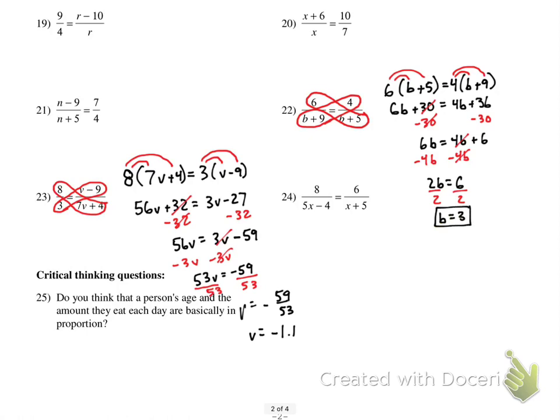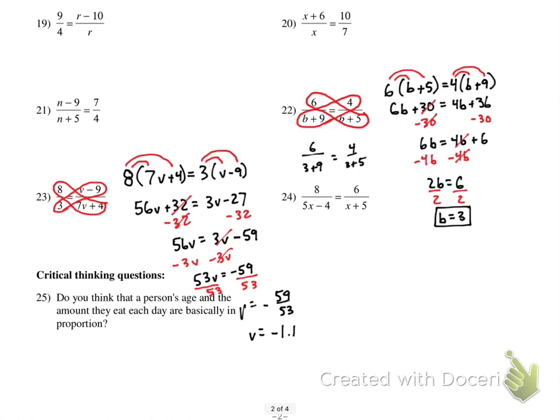And we can always go back and double check. Was everyone good on the process for getting our answer? So if we ever want to check, we're not sure if we did it right, just plug that b value back in. So rather than the original proportion, I'm going to have 6 over 3 plus 9 equals 4 over 3 plus 5.